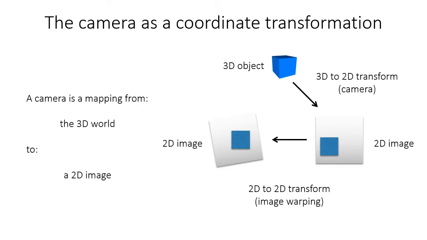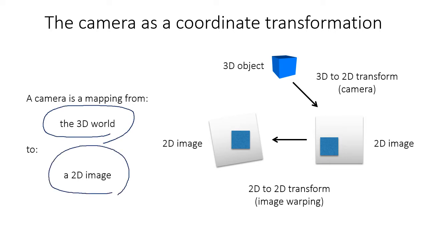For understanding those geometric information around the robot, the camera matrix is our starting point to derive further estimating motion and 3D reconstruction. We can regard the camera as a coordinate transformation. A camera is a mapping from the 3D world to a 2D image.